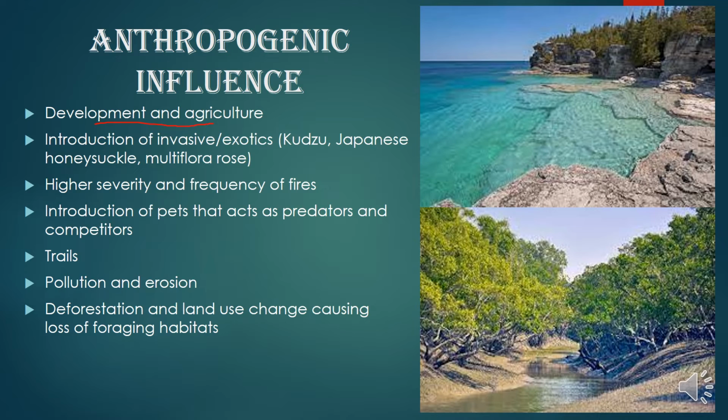So we can easily see that the ecological habitat is highly fragmented by these roads, and due to this fragmentation there is a reduction in the size of the habitat, and as a result there is habitat loss.